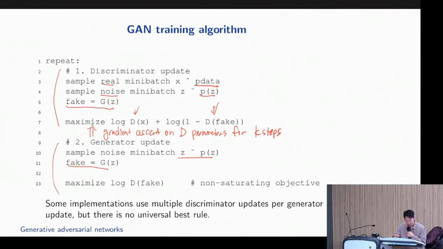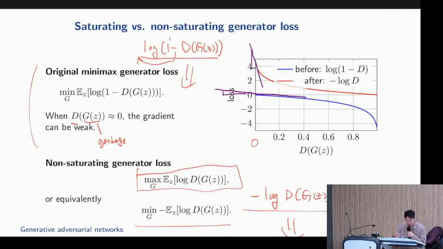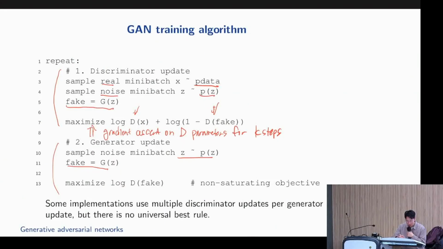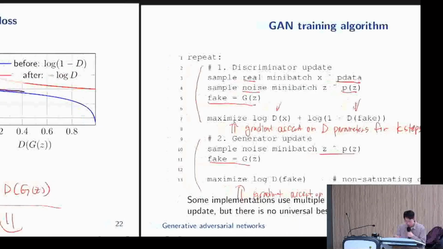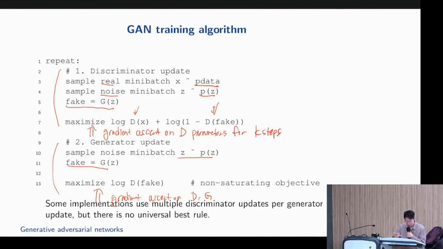Same thing: you can do gradient ascent here, gradient descent here. So here, gradient ascent on G, for, I don't know, H steps.